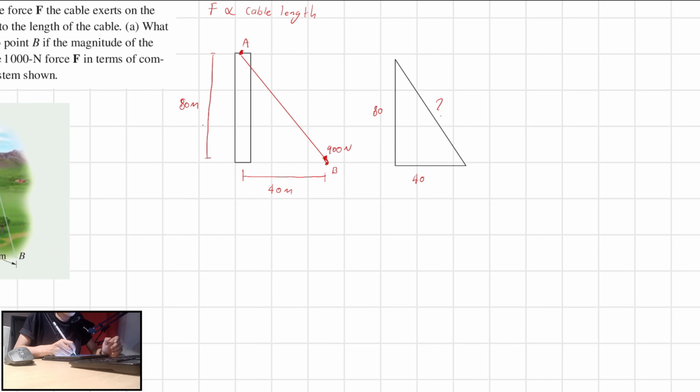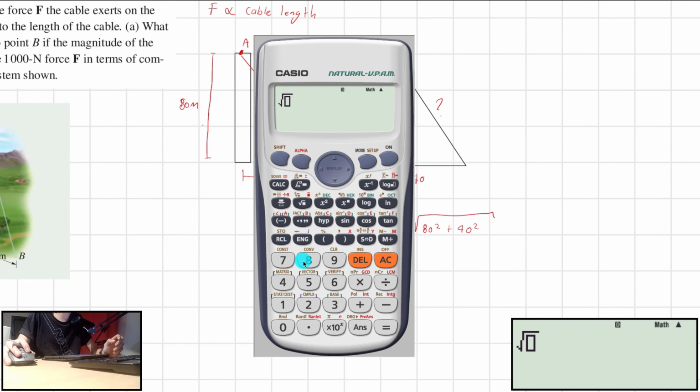So I can find it pretty easily by just applying the equation that I think is pretty well known, which is that the hypotenuse is equal to the square root of one of the legs squared plus the other squared. Now the hypotenuse in this case is going to be equal to the square root of 80 squared plus 40 squared.